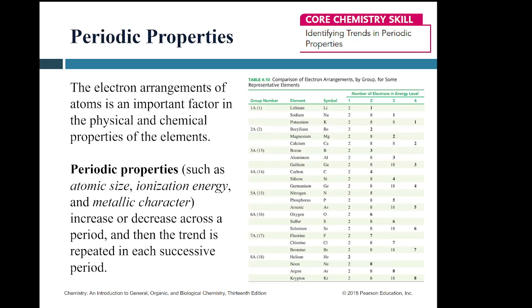So, again, these are some of the electron configurations. This is just it represented in a slightly different way than I had just showed you. So some of the periodic properties also follow along with this trend. These are going to be things like atomic size, ionization energy, and metallic character.